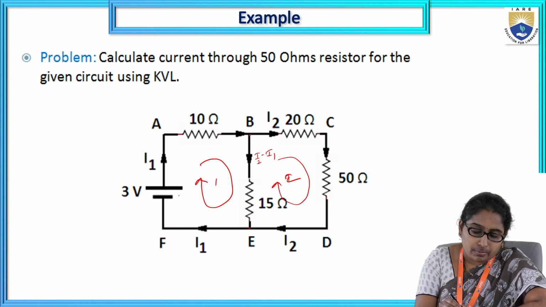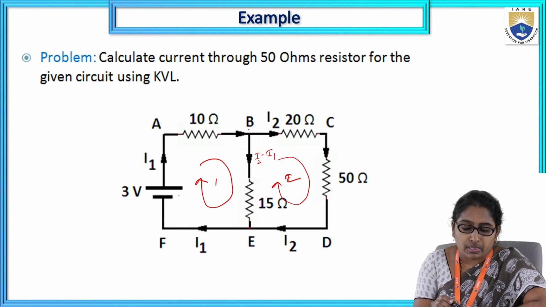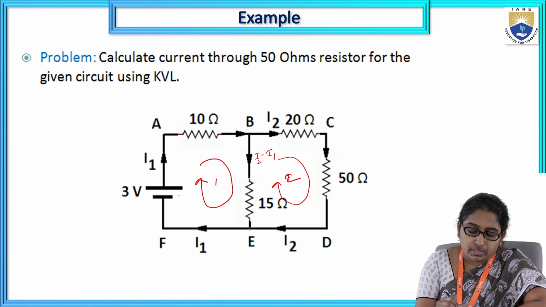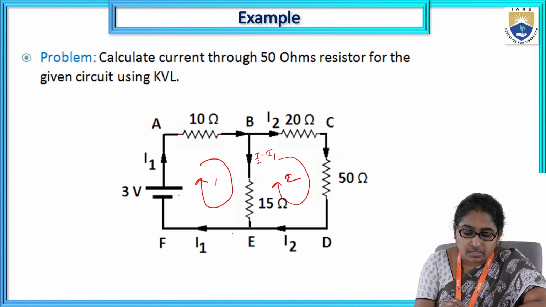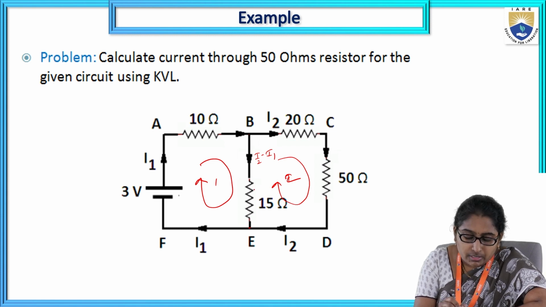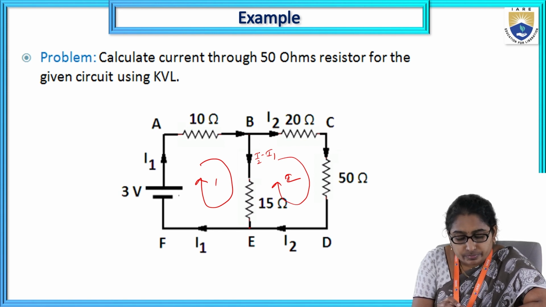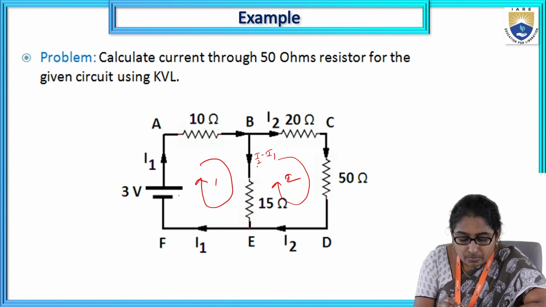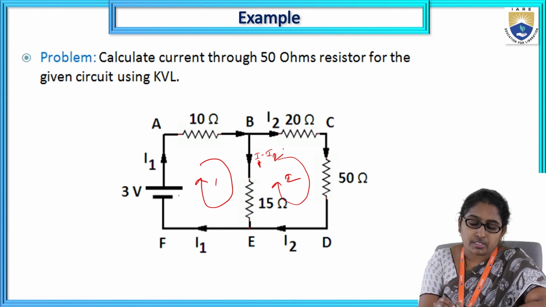If I apply KCL at this point, at point E, what is the current in this direction? This is I2, and this is I2 minus I1, so the outgoing current is given by the current in the 15 ohm resistor, which is I1 minus I2.